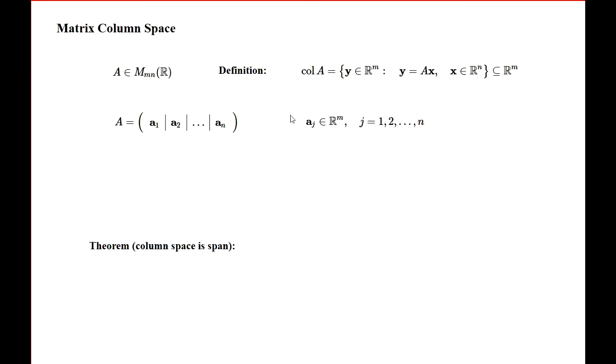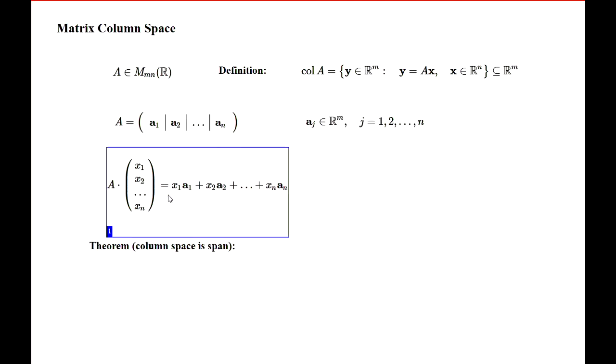So if you start looking at the matrix as a column structure, then the product like this, when you multiply a matrix by a column vector x1, x2, xn, it's simply a linear combination of the columns. This identity rests on your comfortable understanding of the process of how matrix multiplication is done.